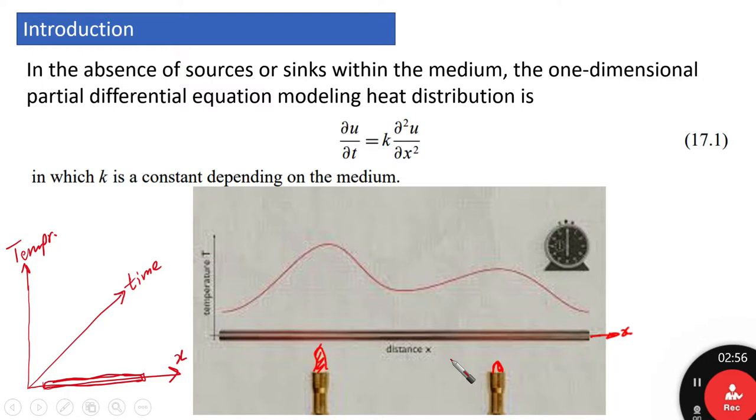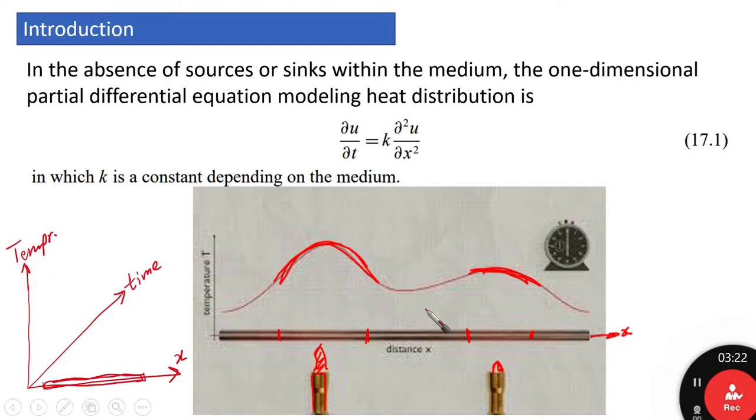Underneath or above this source of heat, we are going to have a higher temperature at this part of the bar. However, here we also have some temperature, but it is lower compared to this part, and in between there is some kind of gradient linking the two.